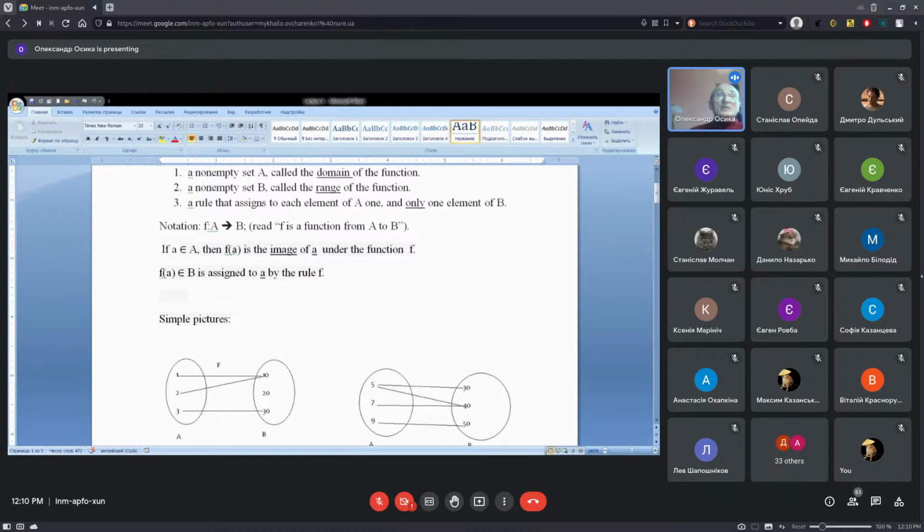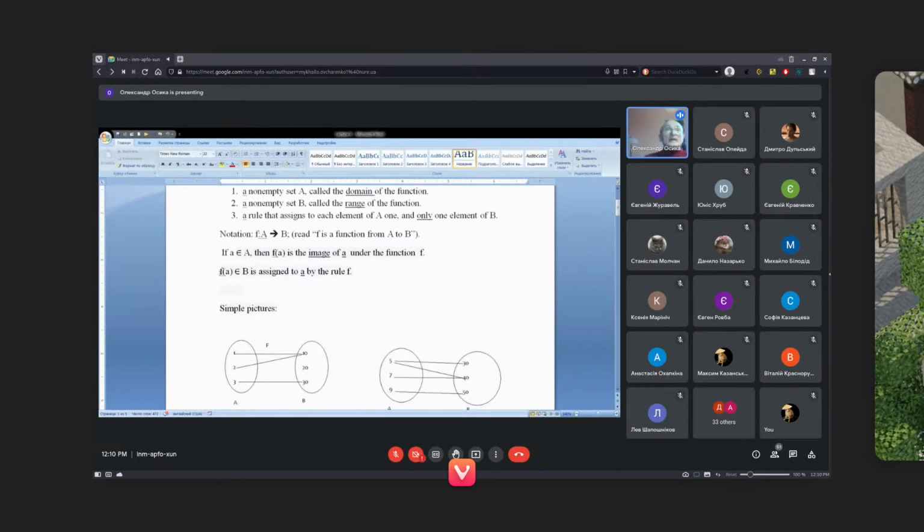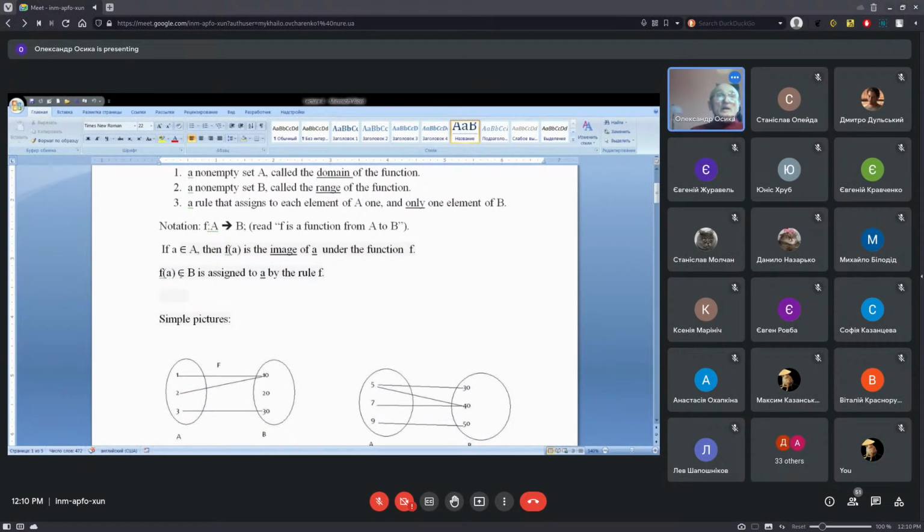So actually we are used to the name of the function value for argument a. But in general terms, it is called the image of a, of the argument a, under the function F. F of a, small, that belongs to B, capital, is assigned to a by the rule F.